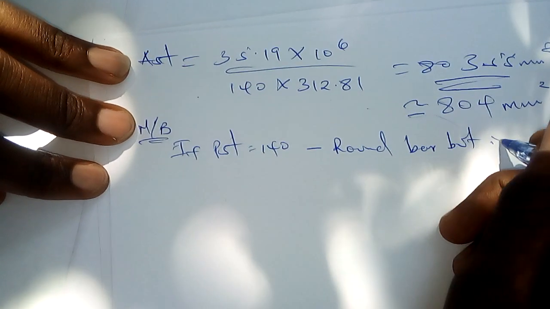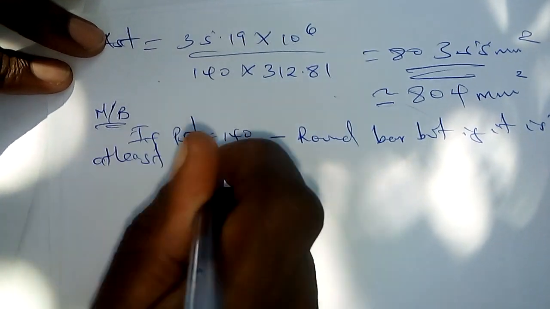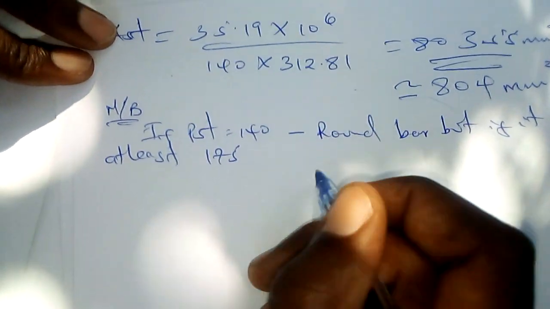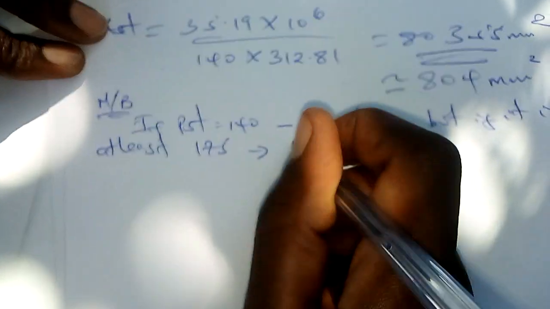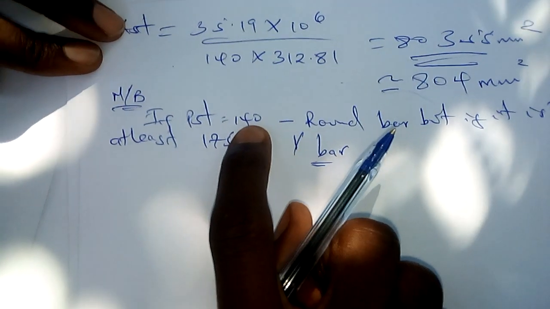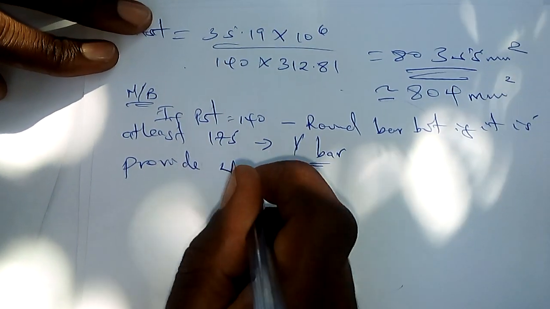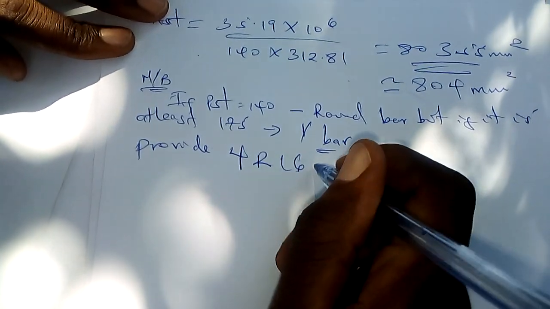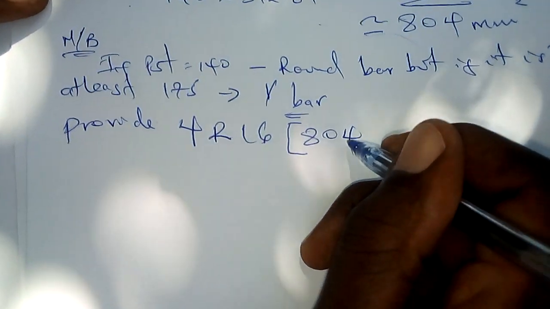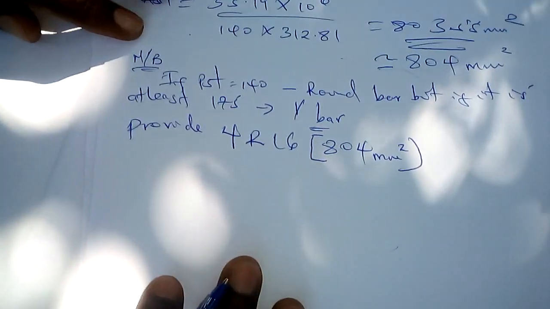But if it is at least 175, then it will be Y bar. For our case, it was 140. Now we say provide for R16, which was 804 millimeter squared as the area.